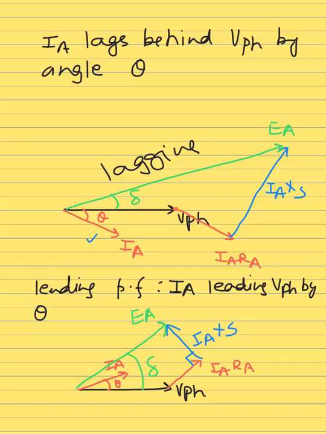So when you compare the two cases, and even the case of a unity power factor, for any given phase voltage V phase and armature current I_A, a larger internal voltage E_A is required for lagging loads than for leading loads. So let's write down this statement.